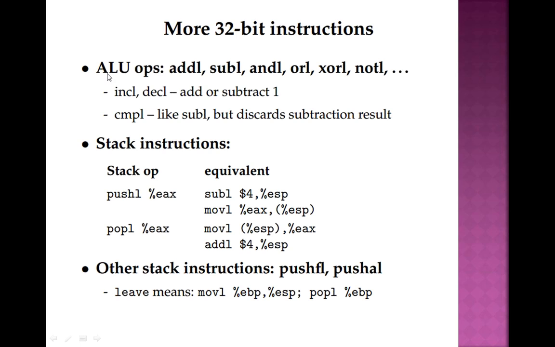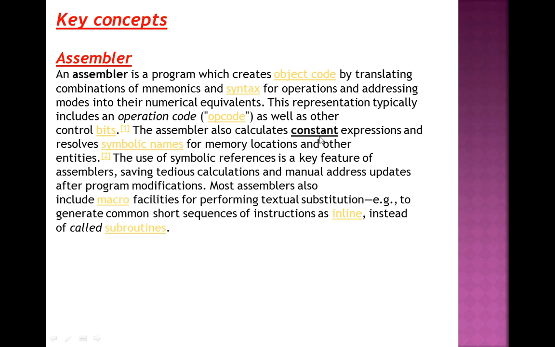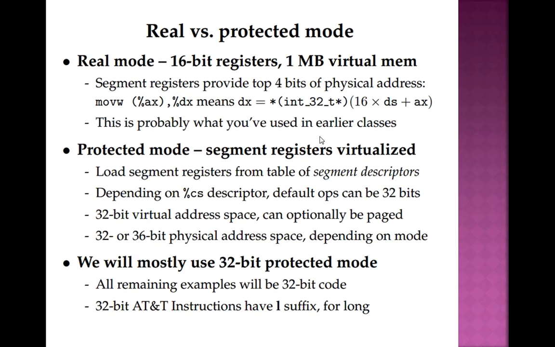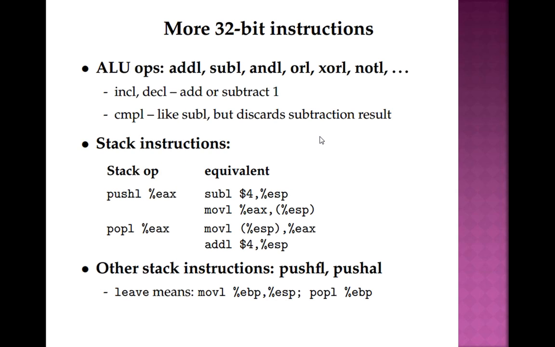More 32-bit instructions. This is ALU. ALU means arithmetic and logical operations. We can perform the operation. OPS means operations, that is add, sub, and, or. As I told you, there are multiple operations like AND, OR, XOR, and NOT.